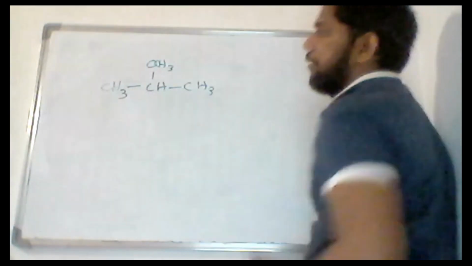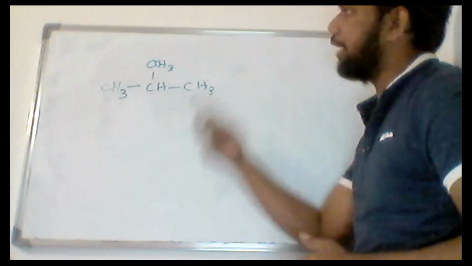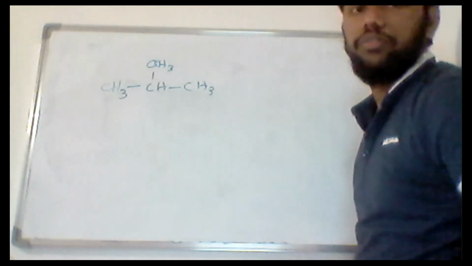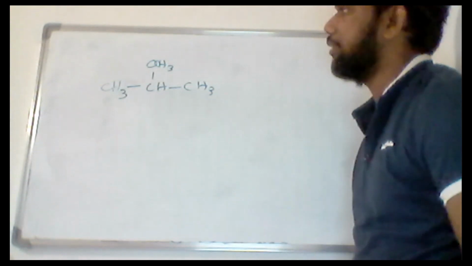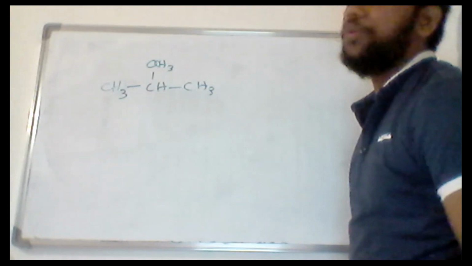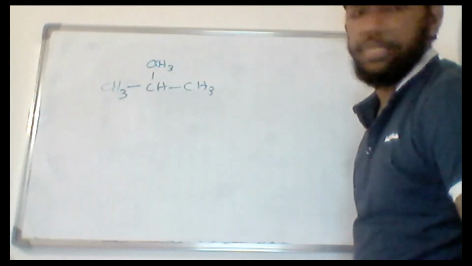So this is an ether, right? I will tell you how we form ethers. Typically, when you have a compound like this, to form an ether we use two different methods.